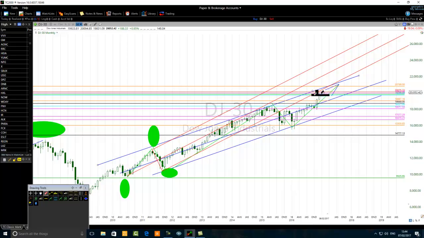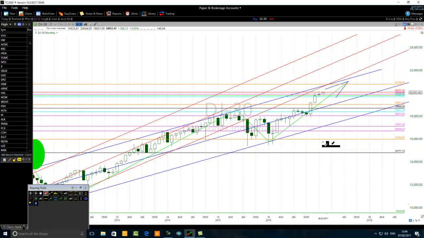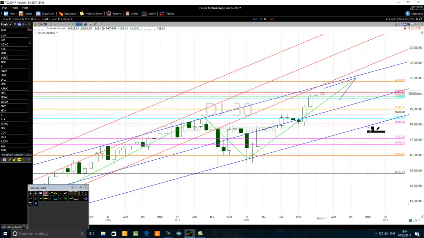So remember, the blue channel is a trend line here and also the edge of the pitchfork tool. But apart from those key levels, we need to remember the first long-term equilibrium price level for the Dow Jones is 18987. So if the price starts coming down, we will pay attention to the trend lines, the median line of the blue channel, but we don't want to forget the 18987, which is one of the most influential key levels.